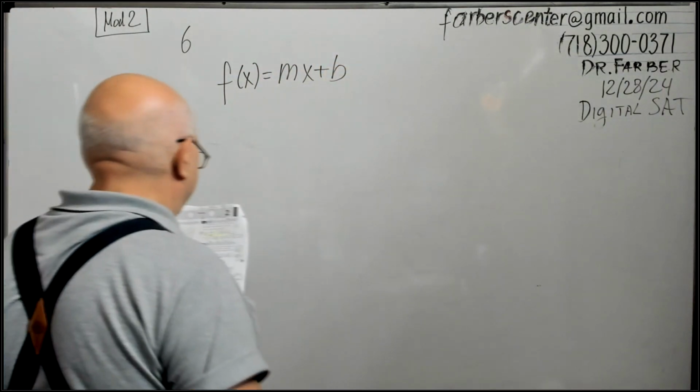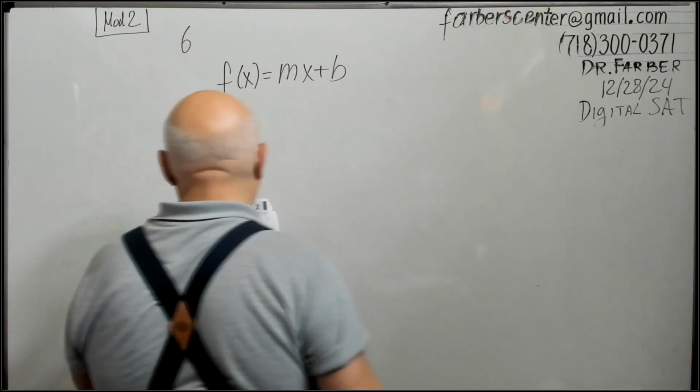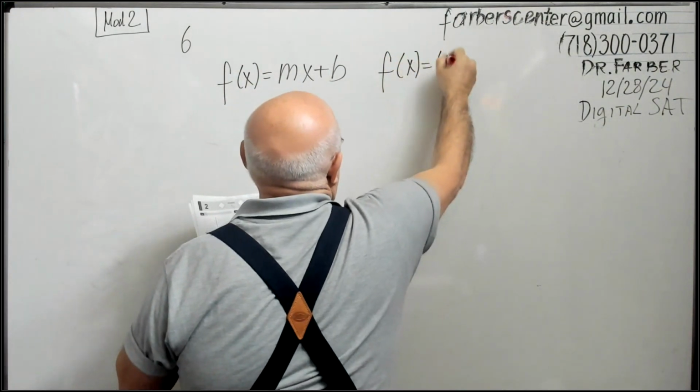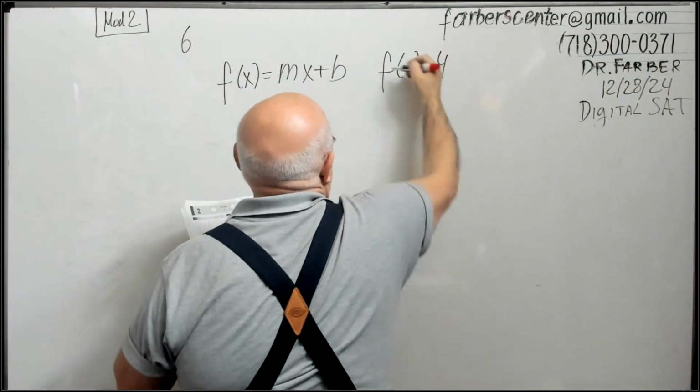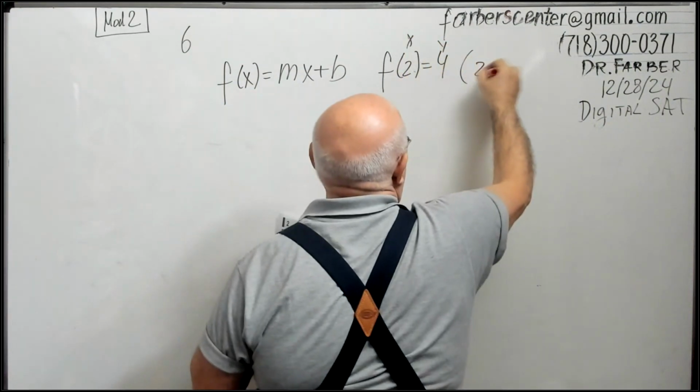Slope-intercept form. f of 2 equals 4. What is it? f of 2, this is x, this is y. It means we have the point (2, 4).